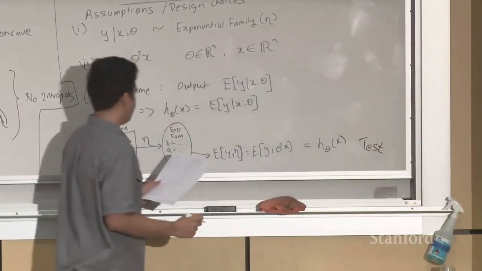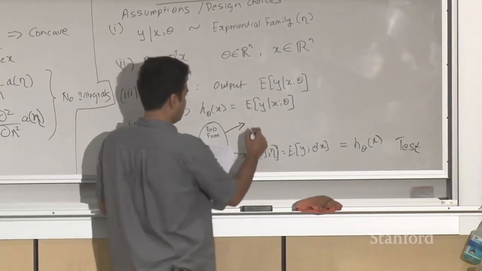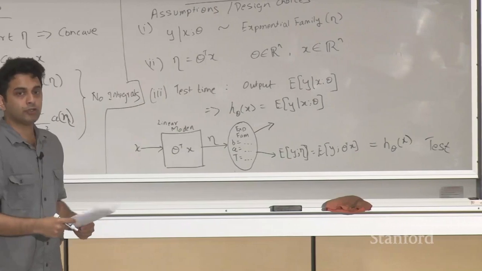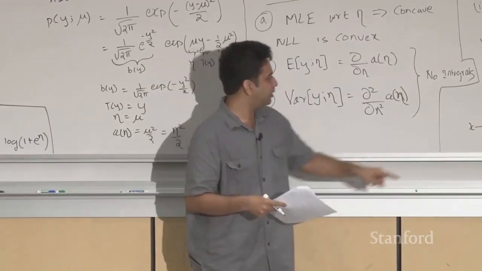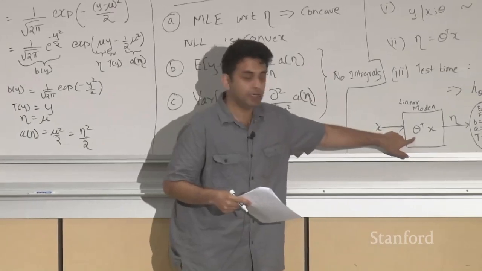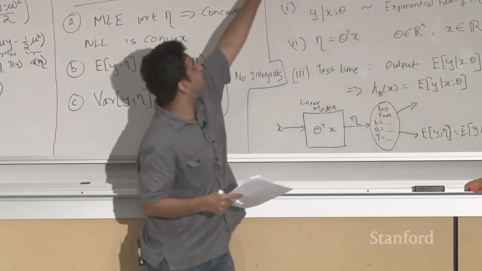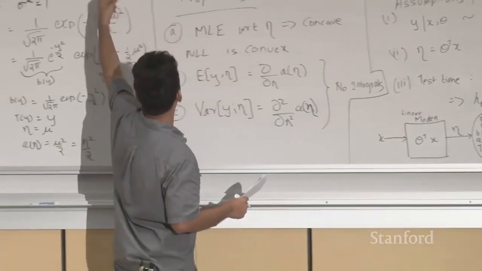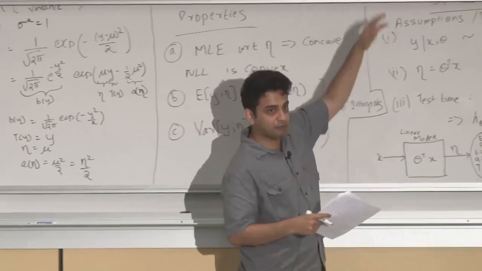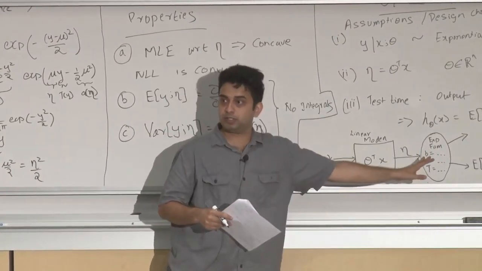And during train time, how do we train this model? In this model, the parameters that we are learning by doing gradient descent are theta. We're not learning any of the parameters in the exponential family. We're not learning mu or sigma squared or eta. We are learning theta. That's part of the model and not part of the distribution.